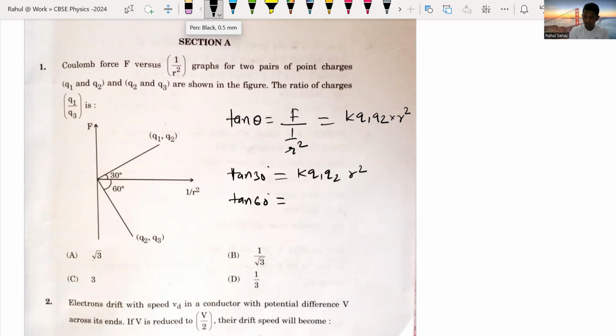Tan 60 degree is K Q2 Q3 R square. So 1 by root 3 by root 3 is equal to Q1 by Q3, right? So Q1 by Q3 is 1 by 3, that is your answer. Clear? So the option is B.